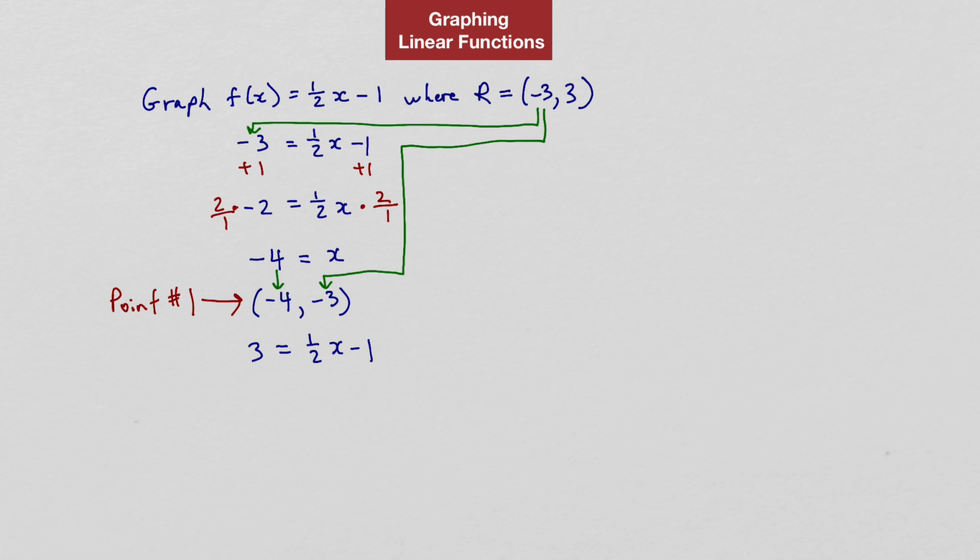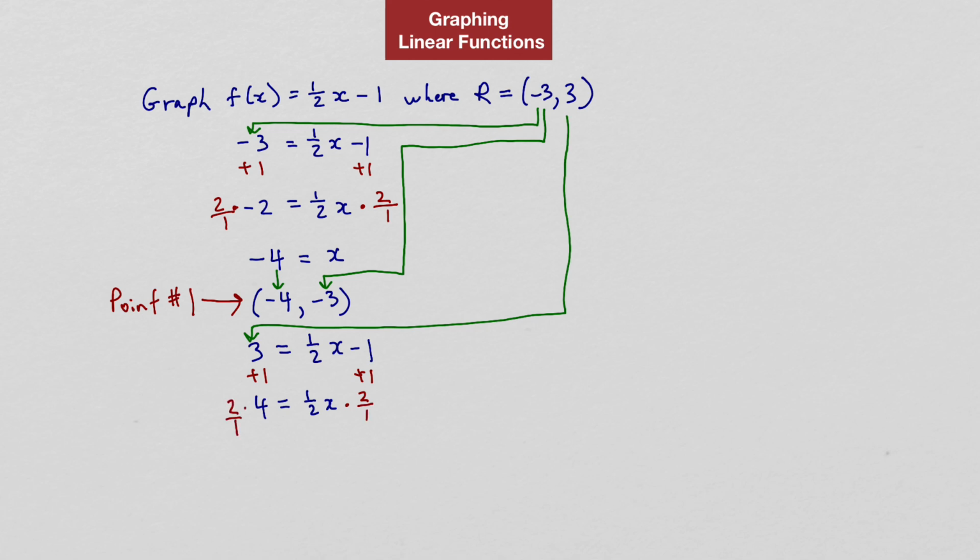Okay, so this 3 comes all the way over here. So now we're going to solve for x right here, and to do that, we will add 1 to both sides first and get 4 is equal to 1/2 x. And then we would need to multiply both sides by 2.